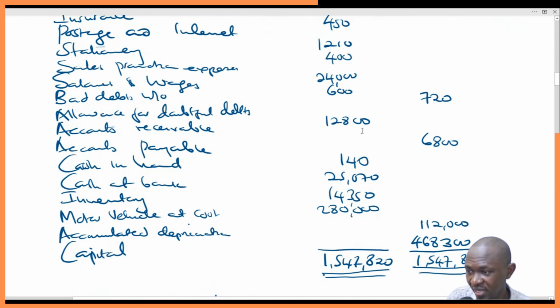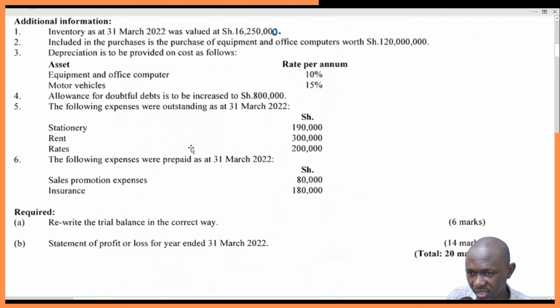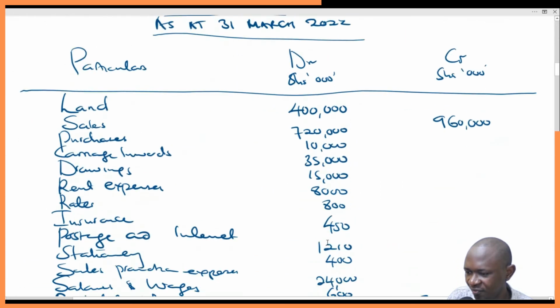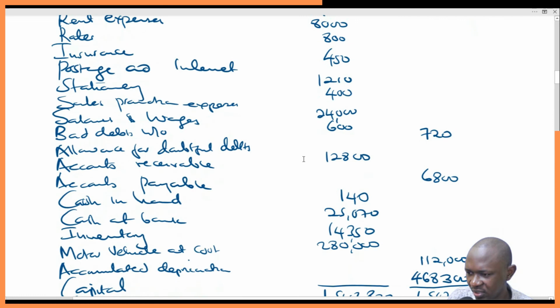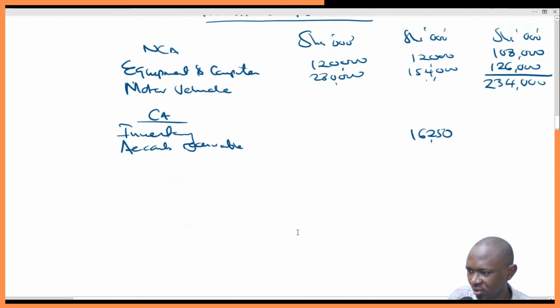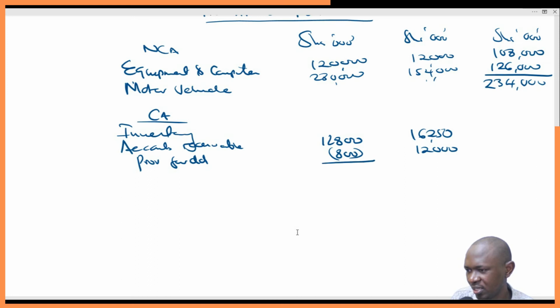But remember, there was an 800. Allowance for doubtful debts is to be increased to 800. So we factor this. It will be 12,800 minus the provision for doubtful debts, 800. That will give us 12,000.